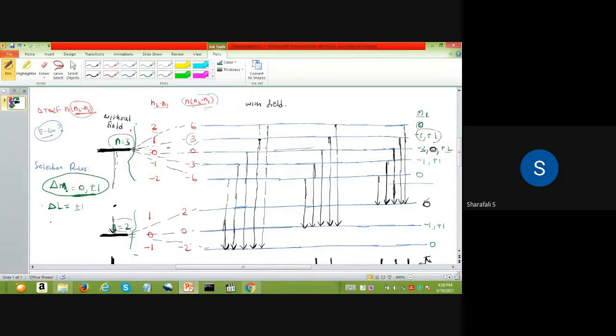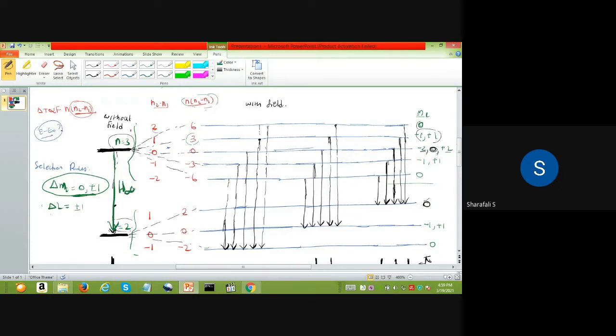So this is the strong field first order Stark effect of the H alpha line. What is that H alpha line? The n equal to 3 to n equal to 2 line, that we call H alpha. So this H alpha line, if you apply that strong Stark field, will become like this.